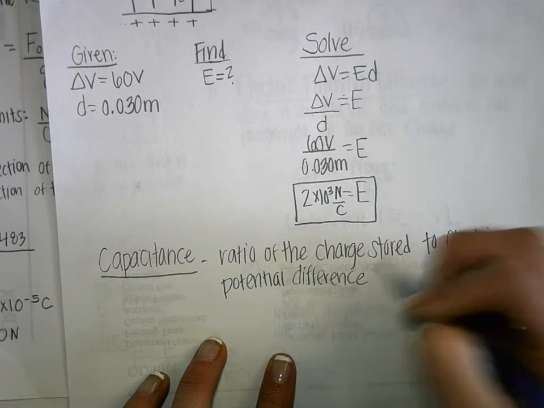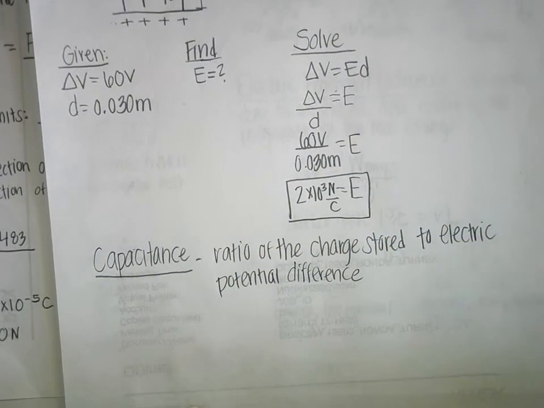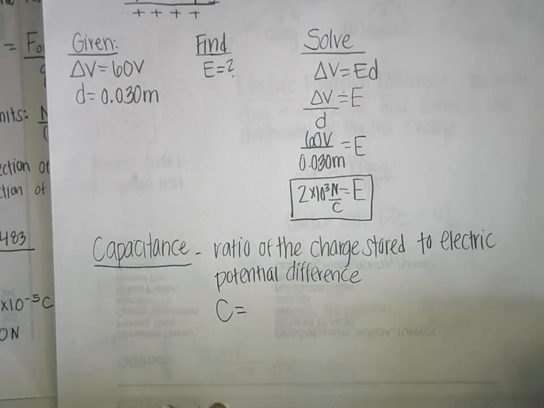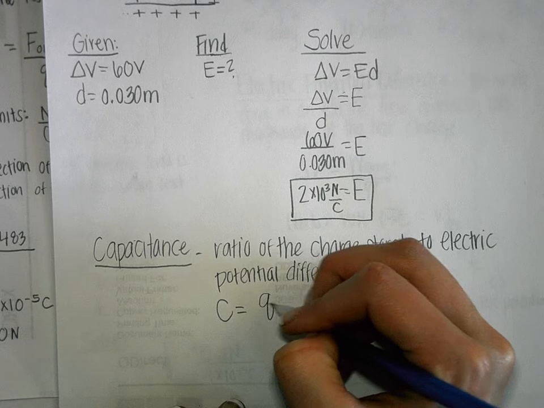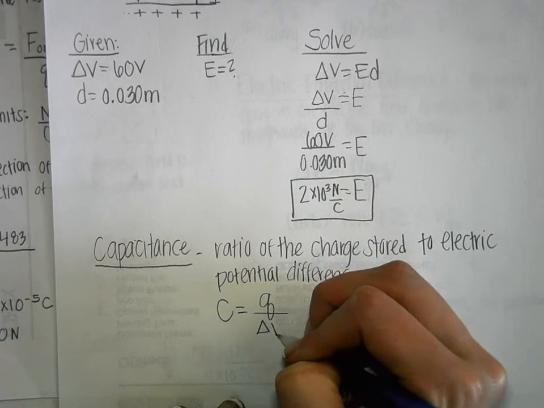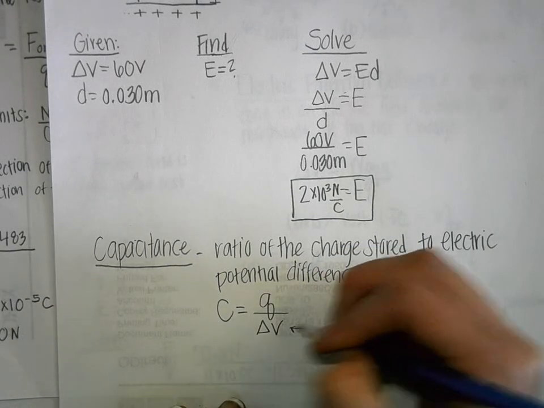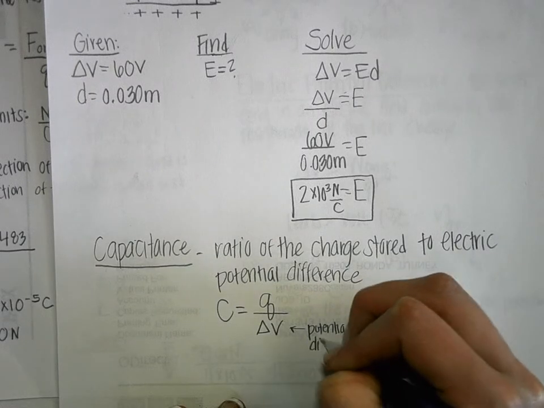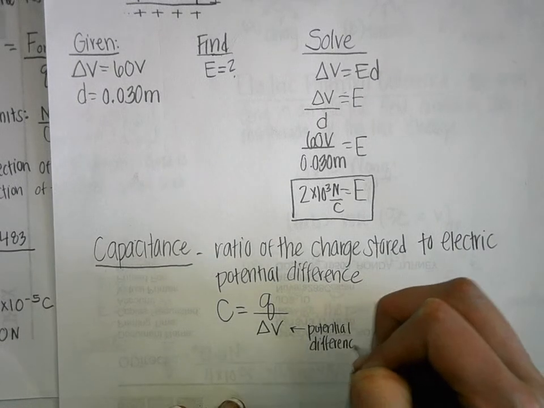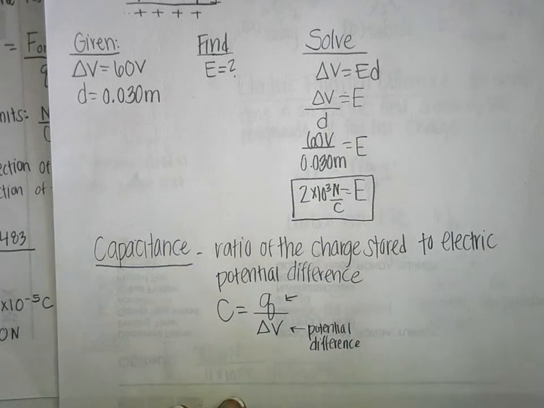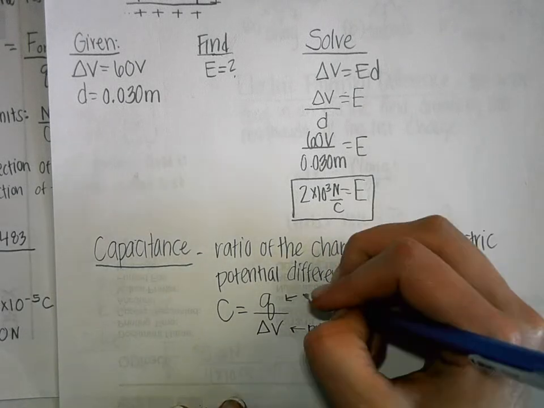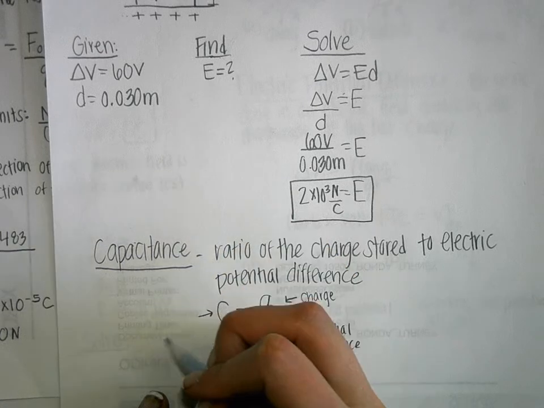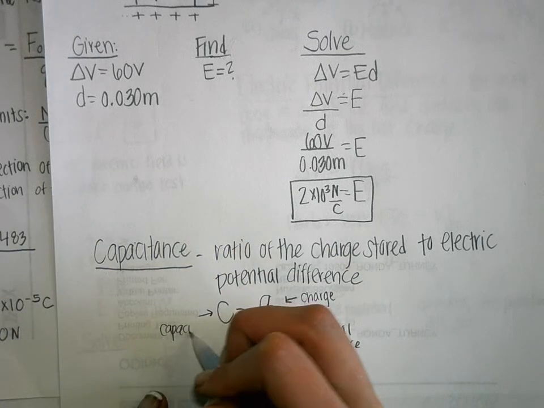So the equation that you use for capacitance, they were smart on this one, C is equal to the charge divided by the potential difference. So a lot of these equations interact with each other. When you know a few variables, you can solve for different things. This big C is capacitance.